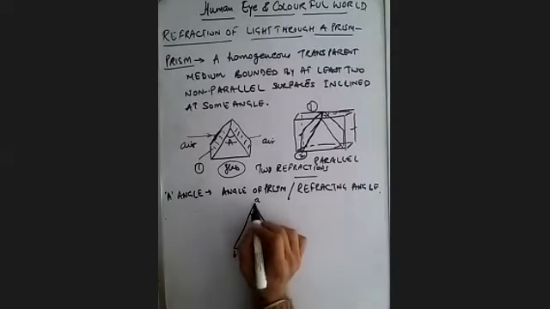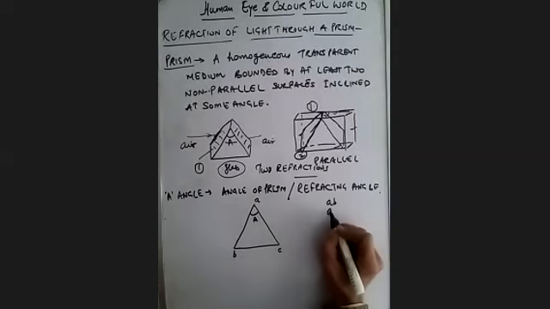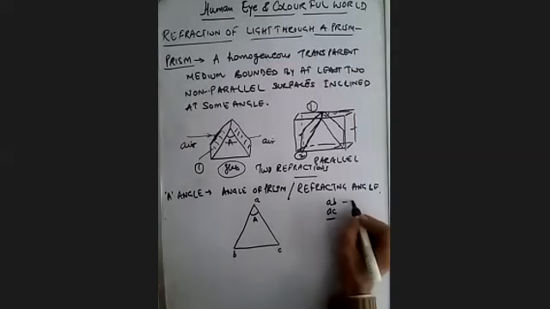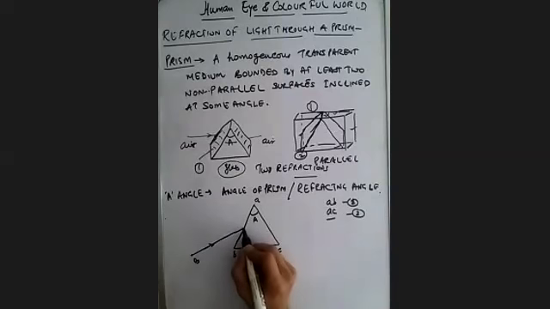So we have two surfaces AB and AC. These are two refracting surfaces. Now suppose a ray of light is incident at the first surface, that is AB. Suppose this point is D, and this point is E.